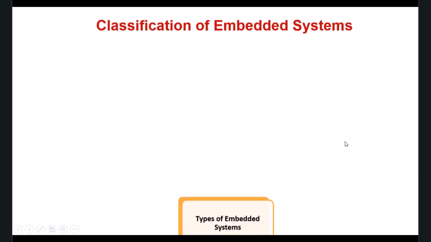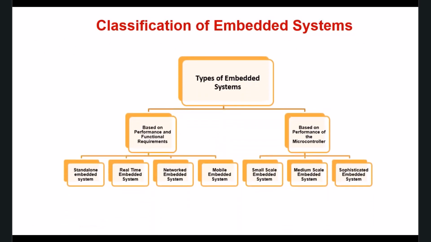Let's move further and talk about the classifications of embedded systems. When we are making embedded systems, they function differently, and based on their function or how they perform and give output, the embedded systems are divided into different categories. There are different ways through which we can categorize them.